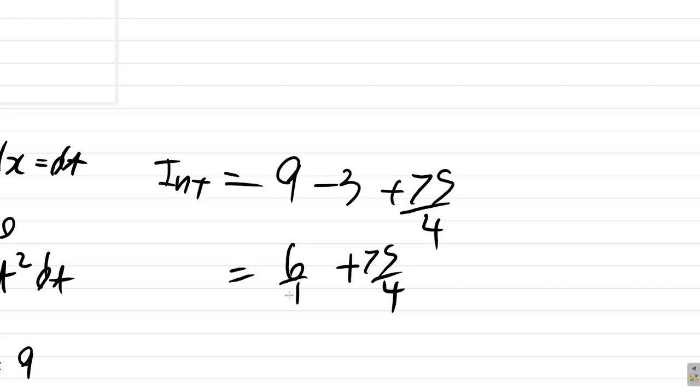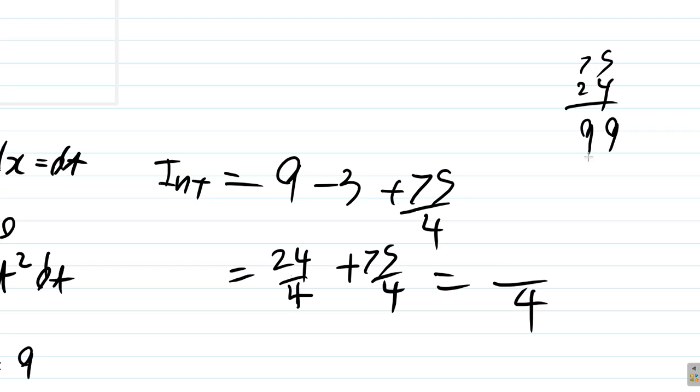If you multiply 1 by 4, you get 4. Multiply 6 by 4, you get 24. So this is going to be something over 4. It's going to be 75 plus 24 over 4. 5 and 4, 9, 7 and 2, 9. 99 over 4. Or 99 quarters.